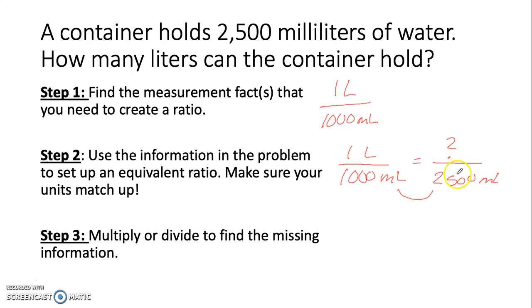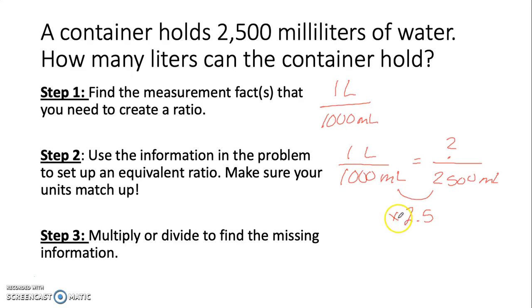Some of you are going to be rock stars and know how to do this in your head. Others of you are going to be rock stars and realize that if I'm not sure, I can use my calculator and go backwards. I can do 2,500 divided by 1,000 and I'm going to get 2.5.